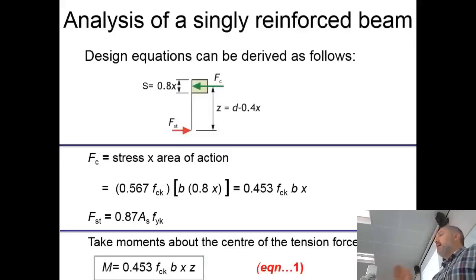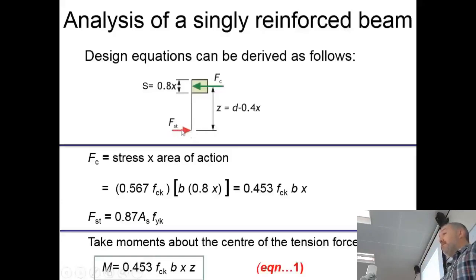Right, when we're looking at a concrete beam, we assume equilibrium, that the force in the concrete equals the force in the steel. And if we take moments around the force in the steel, can you remember when you take moments around a force, it removes it?